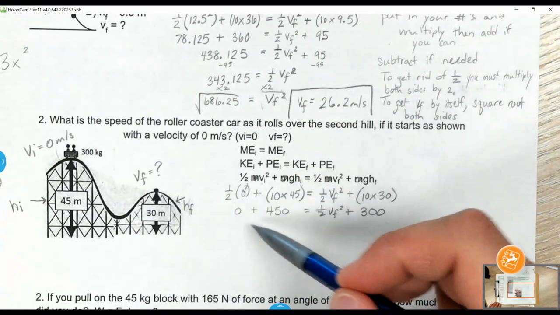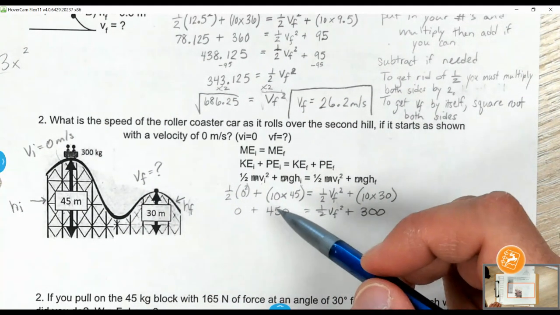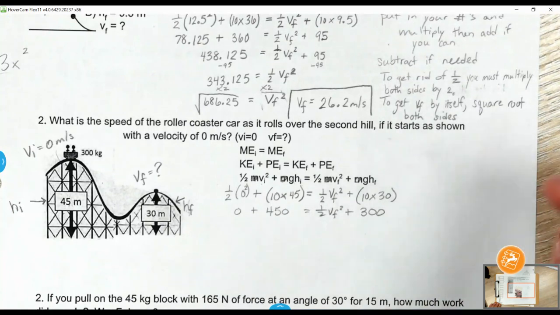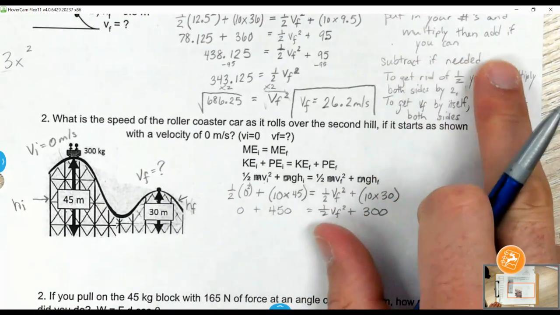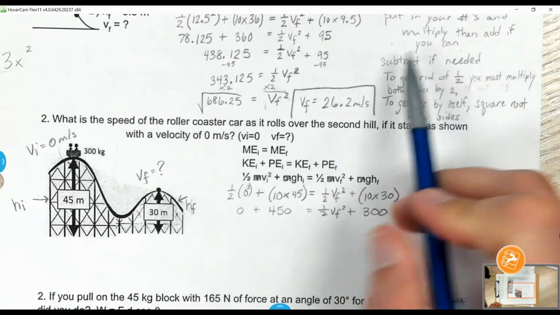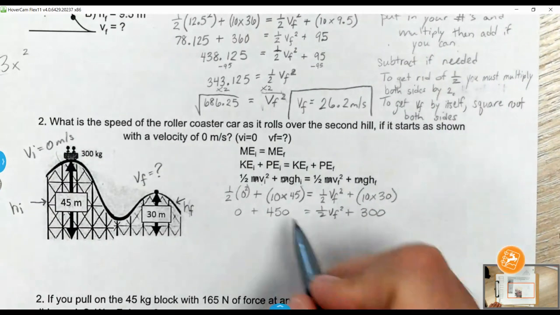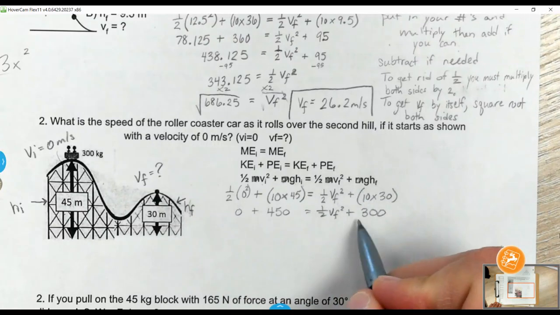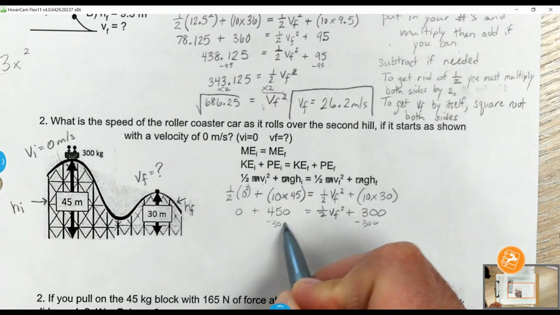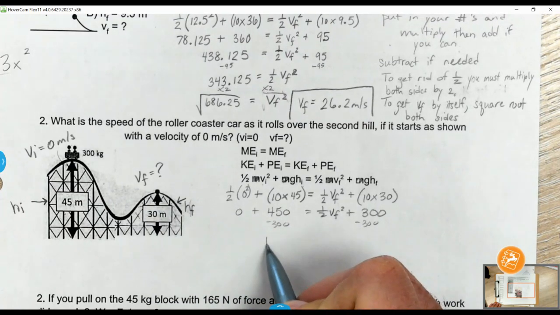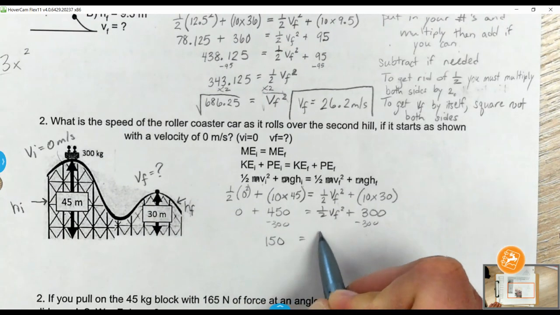Our next thing, we would add these together, but we don't need to because the 0 doesn't do anything. So that would be the multiply, then add if you can. Subtract if needed. So we definitely need to get rid of the 300 on this side. So 450 minus 300 is 150.